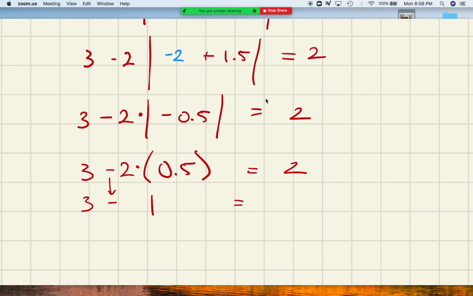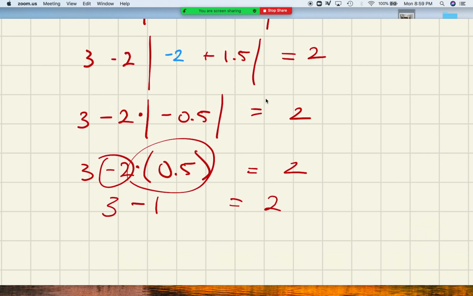A different way to do it would be negative 2 times this. If you included the negative and multiplied, negative 2 times 0.5 would give you negative 1. And since you included the negative here, you don't write down another negative. It's already included. So it'd still be the same thing, 3 minus 1. And that equals positive 2.